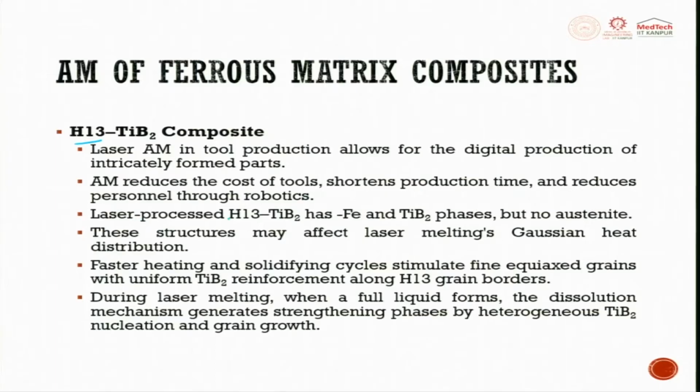Laser processed H13 TiB2 has Fe and TiB2 phase, but no austenitic phase. This structure may affect laser melting Gaussian heat distribution. Faster heating and solidifying cycle stimulate fine equiaxed grains with uniform TiB2 reinforcement along the H13 grain boundary.